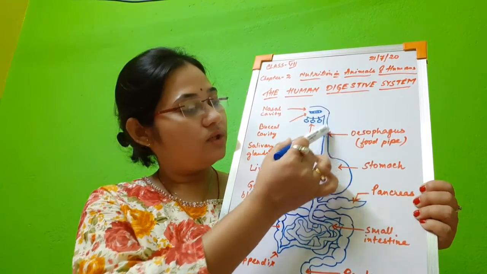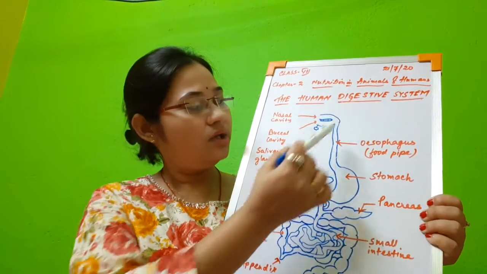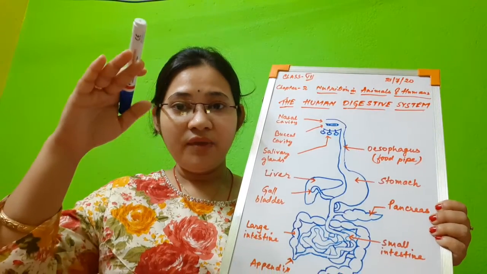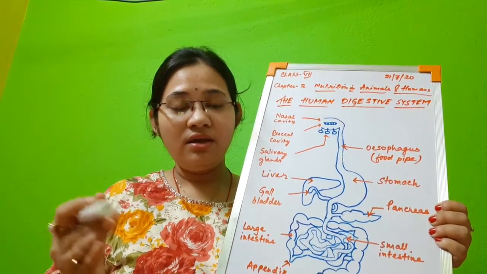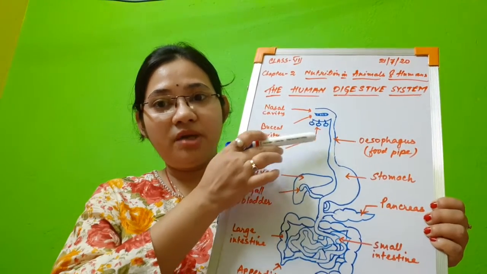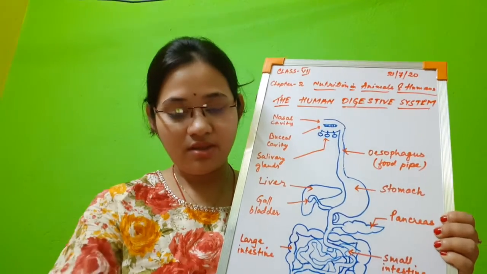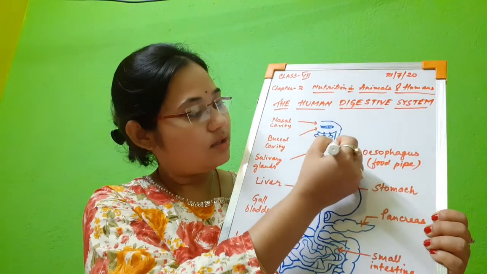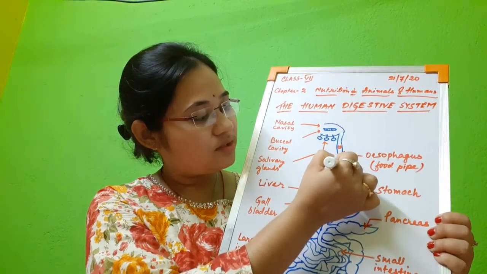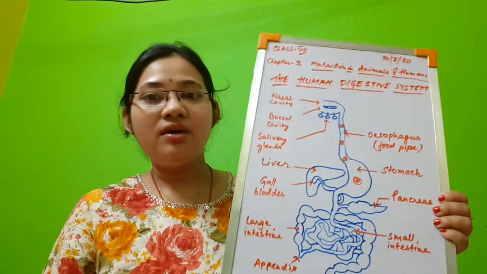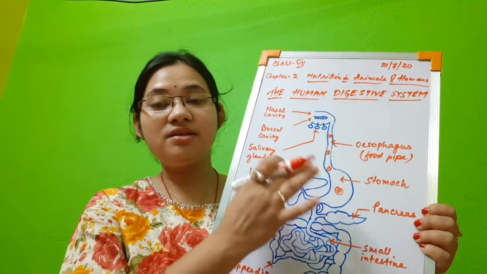Now that semi-fluid food passes through the esophagus, and in the esophagus there is rhythmic contraction and relaxation of the food pipe, and slowly the food, in the form of a bolus, comes to the stomach. Inside the stomach there are digestive enzymes.